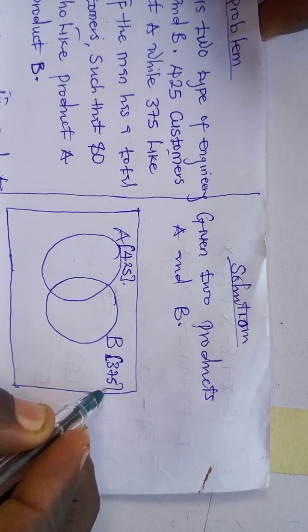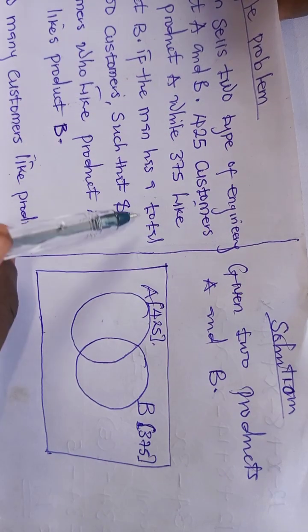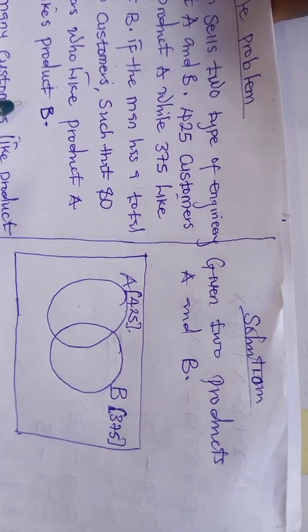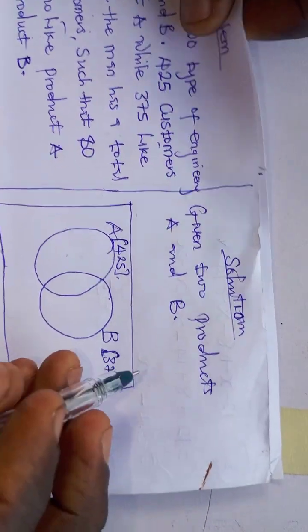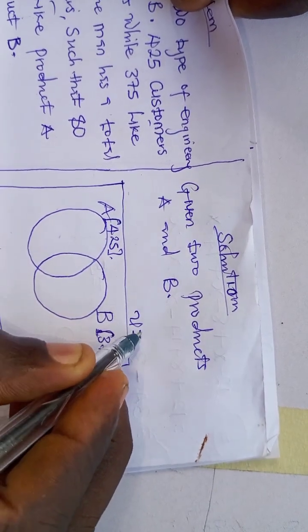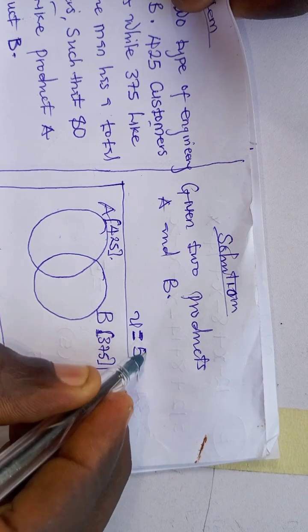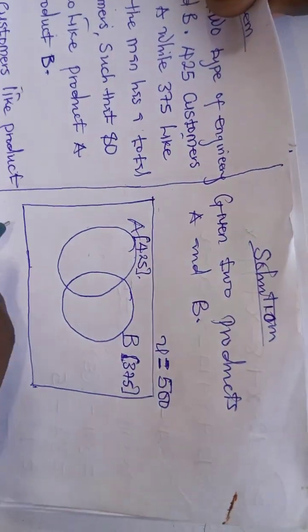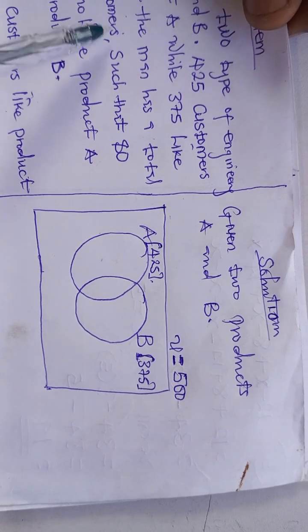If the man has a total of 500 customers, which means that the universal set is 500. So the total number of customers is 500, which is the universal set.